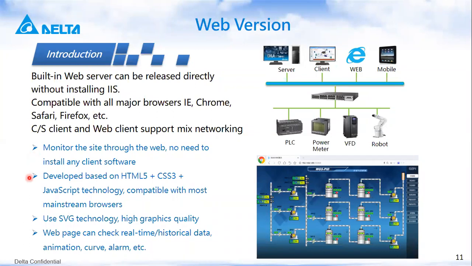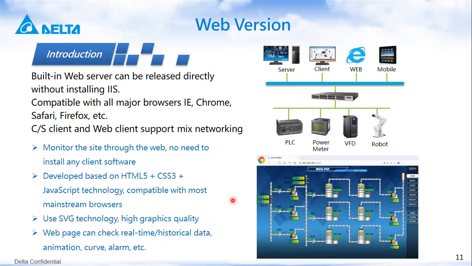Some features: we develop based on HTML5 plus CSS3 and JavaScript technology. It's compatible with most mainstream browsers. We also use SVG technology, which gives high graphic quality. On the web page, right now we can check real-time and historical data, animation, curves and alarms.